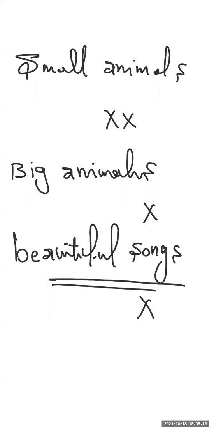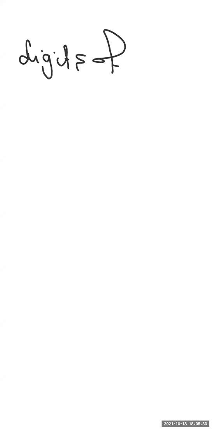So now let's solve some examples, okay, to understand more about the set. The first example, digits of number 2010. What do you think, guys? This one is a set or not?